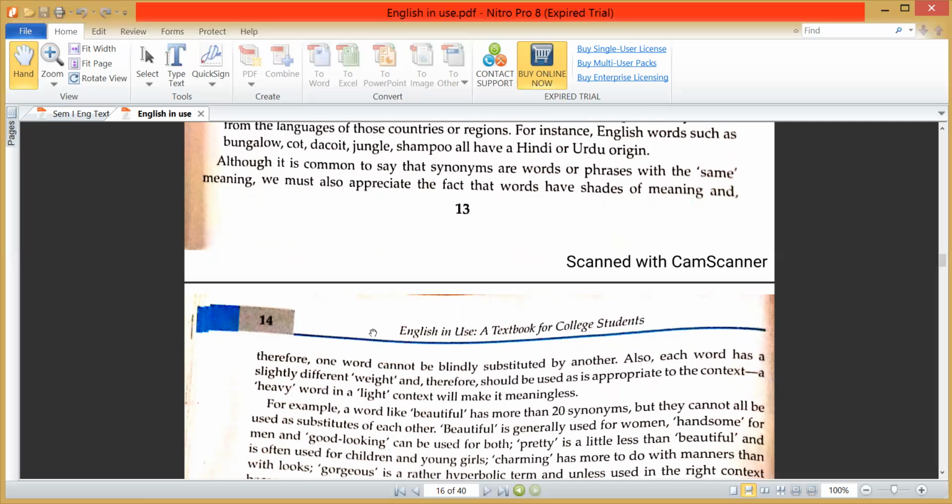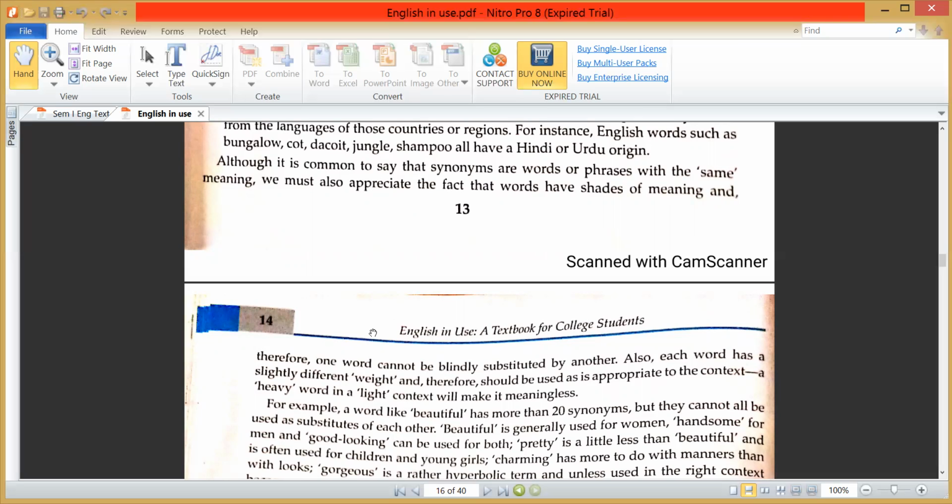Okay, so we will have lots of phrases or words with similar meaning. But again, there is a difference in when you are using what.